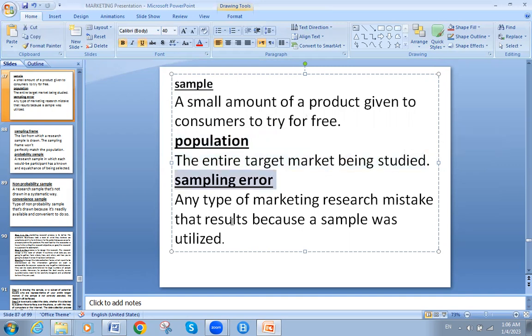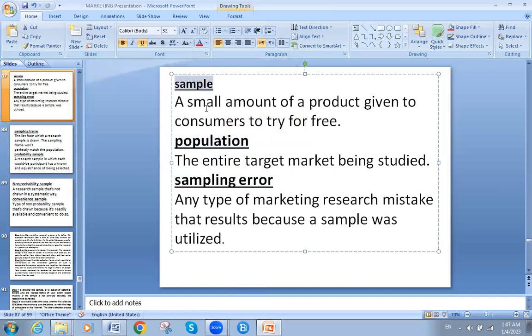We also have to know that there is something called sampling error. What is sampling error? It is the gap or deviation between the sample and the population. If the sampling error is big, there is a very big gap between the characteristics of the sample and those of the whole population.